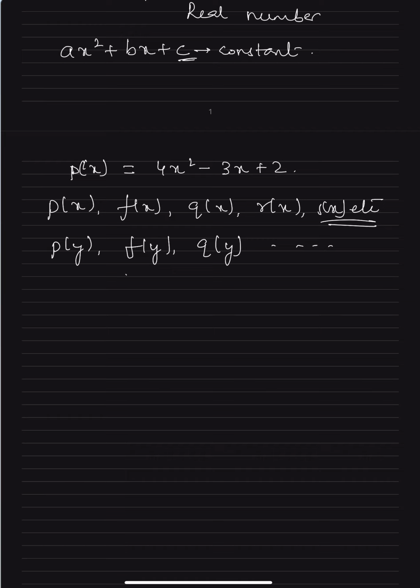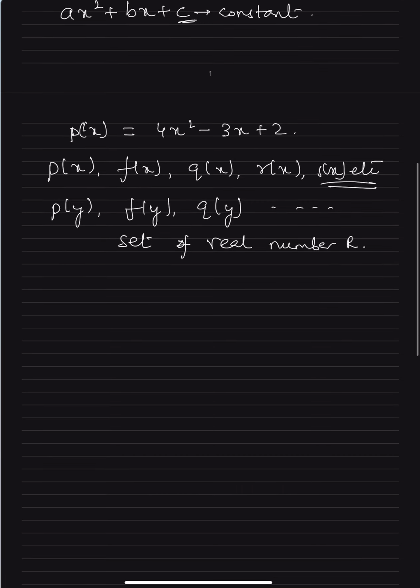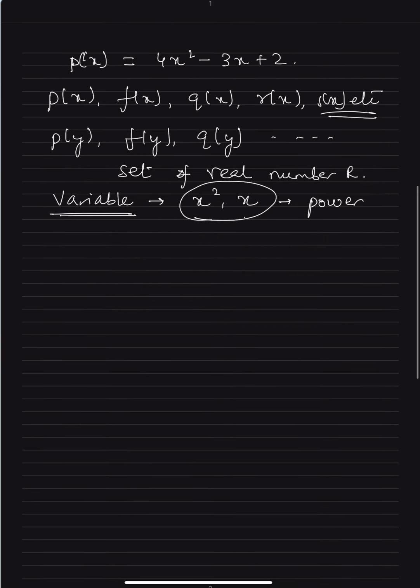Now these are all functions whose domain is the set of real numbers. Another important thing is that the variables in the polynomial, x square and x, always have powers which are non-negative. That is, in a polynomial, the variable will always have non-negative power.